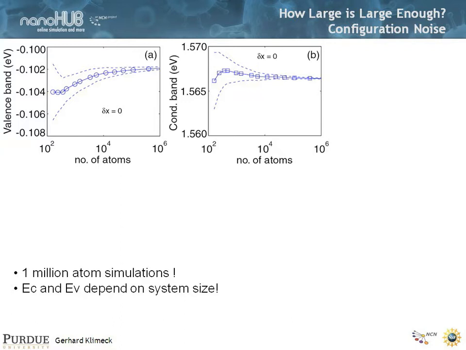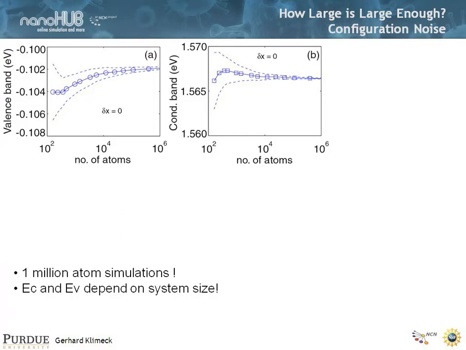We make the individual supercell bigger and bigger, starting from roughly 100, to where we did our analysis at 1,000, then 10,000, and then 1,000,000. Here you see in solid line the expectation values, and in dashed lines the 1 sigma lines around it.